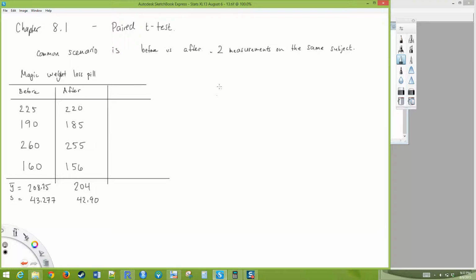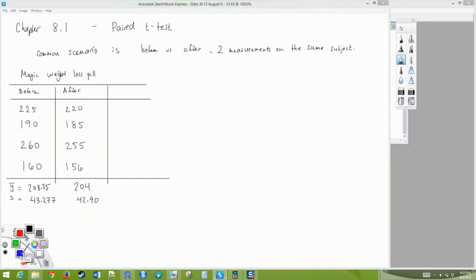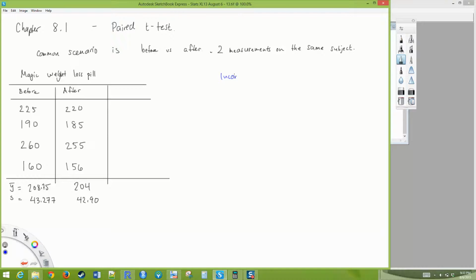The incorrect approach is to treat the samples as independent. The incorrect approach would use null hypothesis mu1 equal to mu2, and the alternative mu1 greater than mu2.